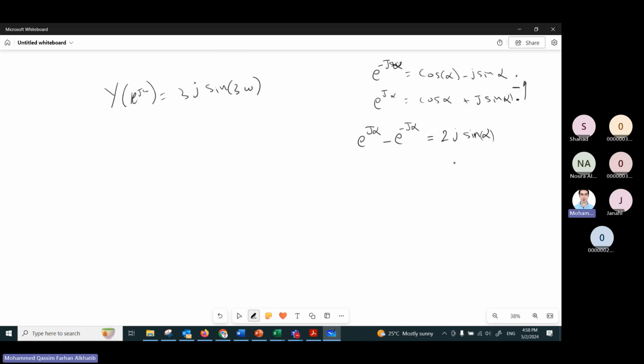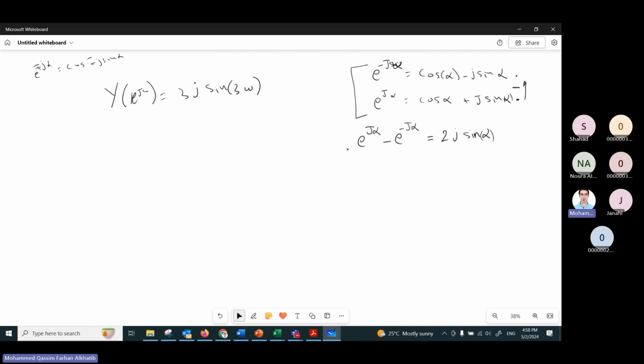All right, is it clear what I've done? I started with the standard Euler identity, e to the power plus or minus j alpha equals cosine alpha plus or minus j sine alpha. Now I want to switch from the sinusoidal form to the exponent form.